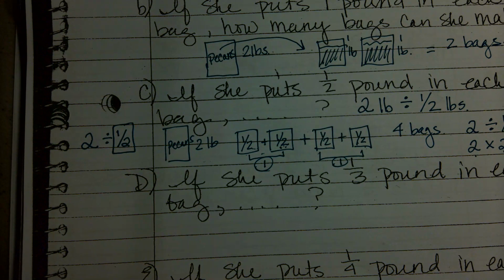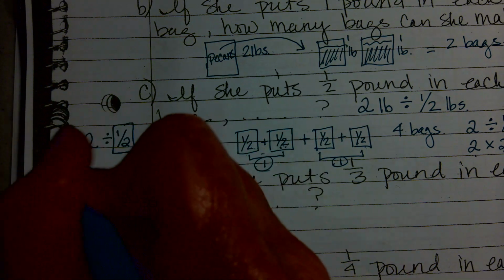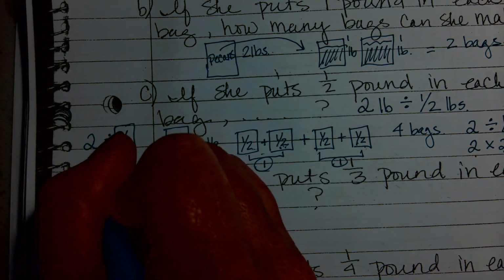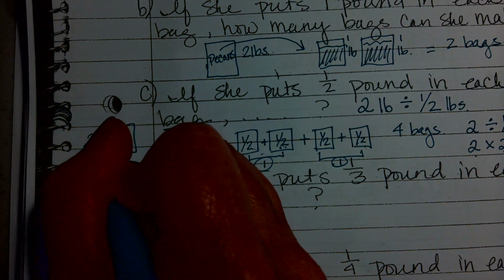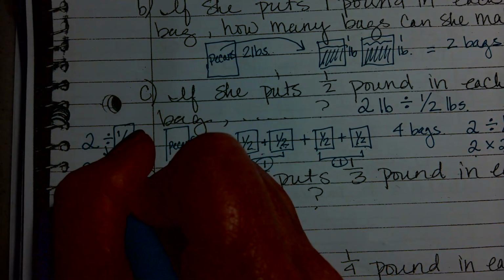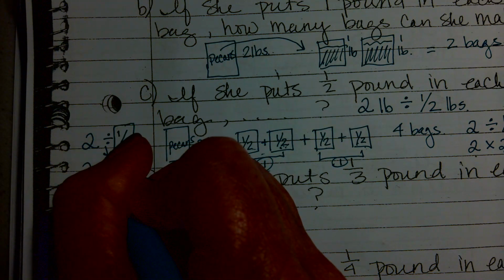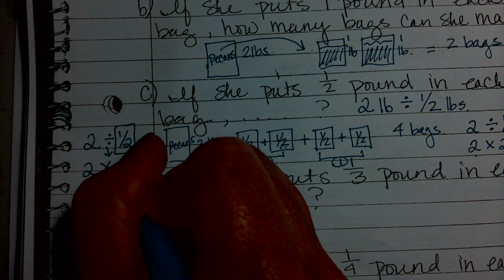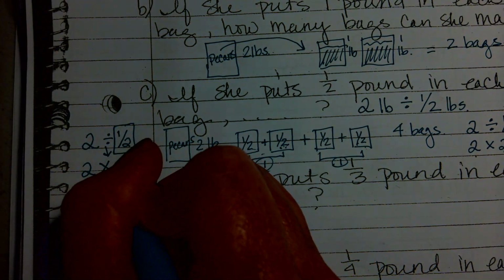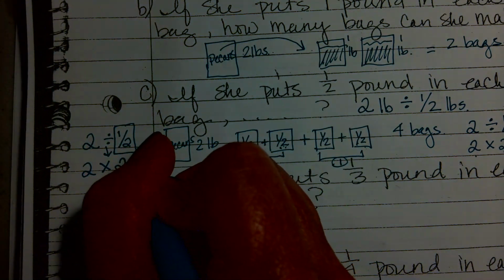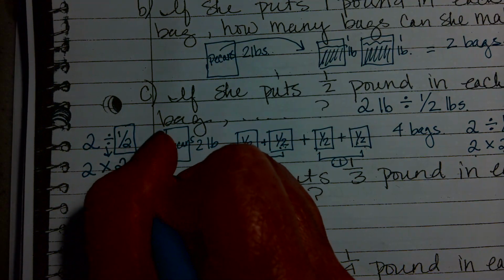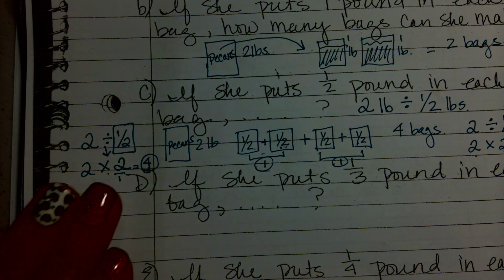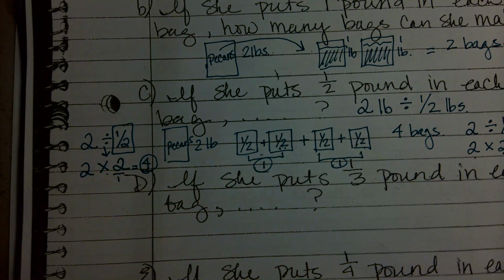It's always the second fraction. Watch what happens. You're going to flip the sign. When you flip the sign to the inverse operation, you also flip the fraction, because this really becomes what? 2 over 1. And you end up with 4. It always works that way. So this right here is a nutshell here.